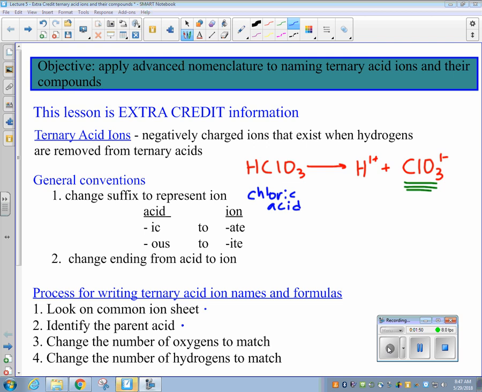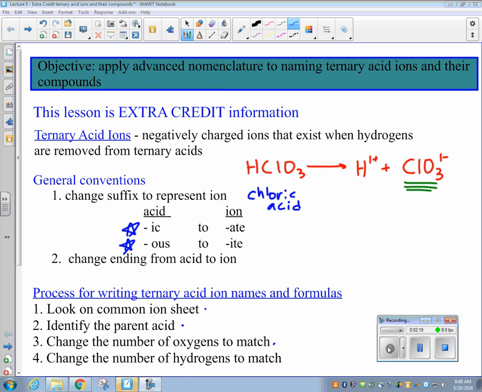We're going to check to make sure that the number of oxygens in our parent acid is the same as the acid we're looking at right here. You'll notice that HClO3 is in fact the parent acid, so we don't need to change the name any further. At that point, we look at the ion formed from the ternary acid as it dissociates, following the conventions where we change the name of ic acids to ate ion and ous acids to ite ion.